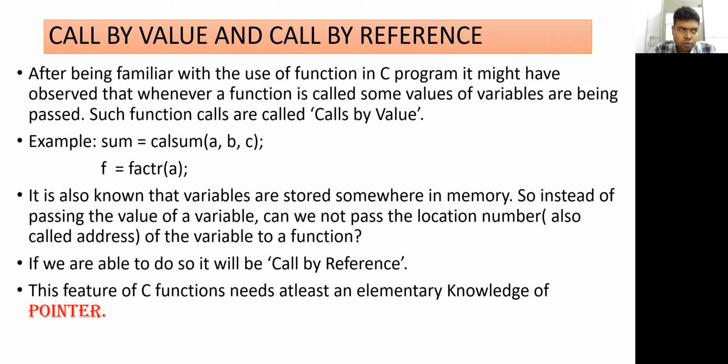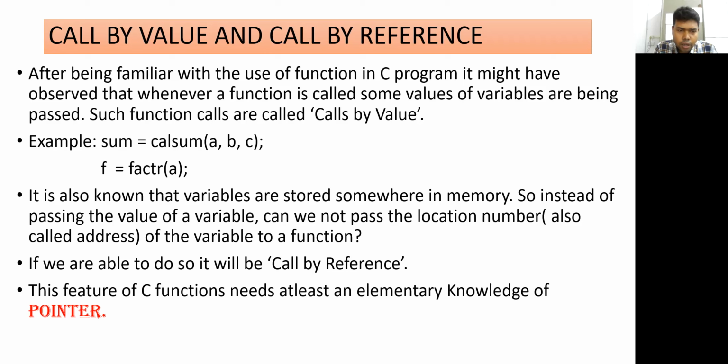Like if in the function we have written s is equal to x plus y plus z, then we write return within brackets s. Then the value of s will be returned to the calling function and stored in the variable sum of the calling function. In this way we can perform the mathematical operation inside the function and get the result in the calling function.